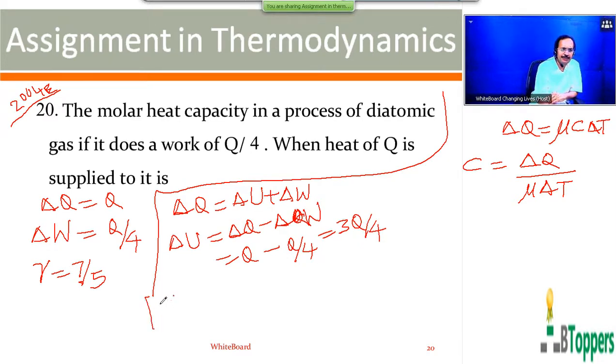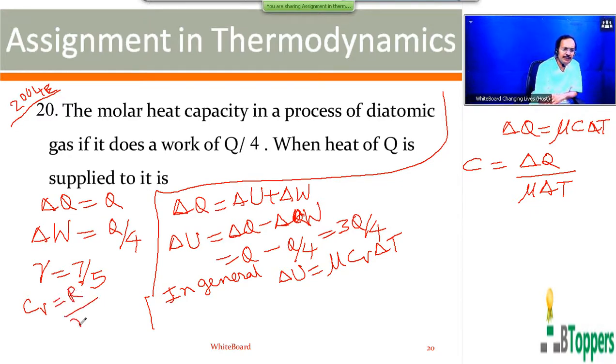Now, the change in energy of a fixed mass of an ideal gas in any process is given by nu CV delta T, where CV is the molar specific heat of the gas at constant volume. For a diatomic gas, the molar specific heat at constant volume can be written as molar gas constant R by gamma minus 1.